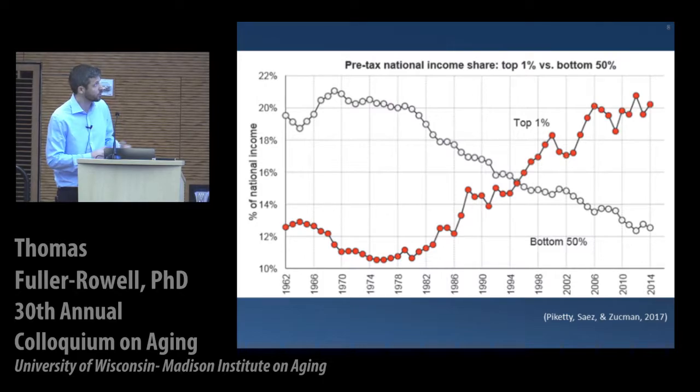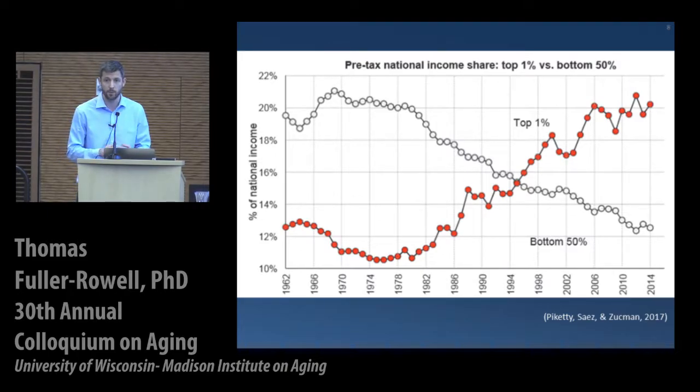You can see this gradual increase over time in the total portion of all income made by the top 1%. Across the same period, we see a downward trend in the total amount of overall income made by the bottom 50%. Around 1995, we reached the point where the share of overall income going to the top 1% surpassed the total income going to the bottom 50%.